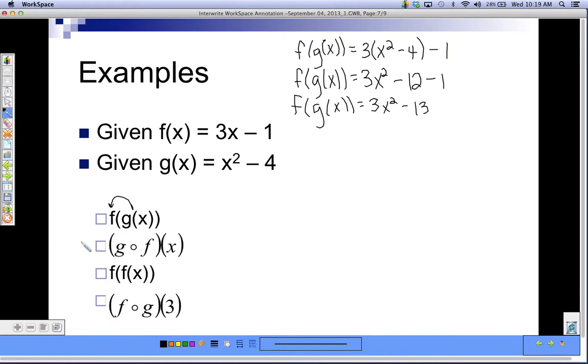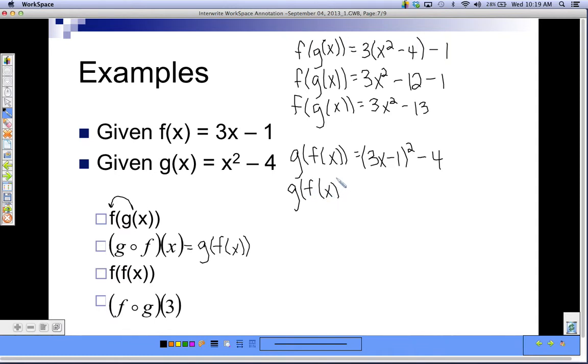Well, this is just a different notation, but this still means that we're going to take g and plug f into it. So g and plug f into it means that we're going to have, right away we see x squared, so this becomes 3x minus 1 squared minus 4. So, I'm not going to show you the FOIL work.